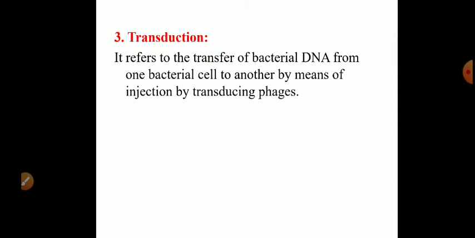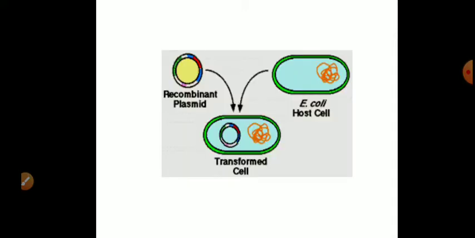It refers to transfer of bacterial DNA from one bacterial cell to another by means of transducing phages. We have studied genetic recombination: transformation, transduction, conjugation. So transduction is a process in which we transfer bacterial DNA from one bacterium to another with the help of transducing phages.